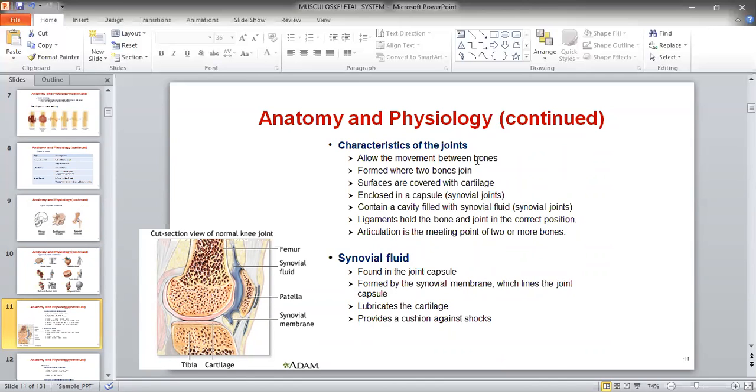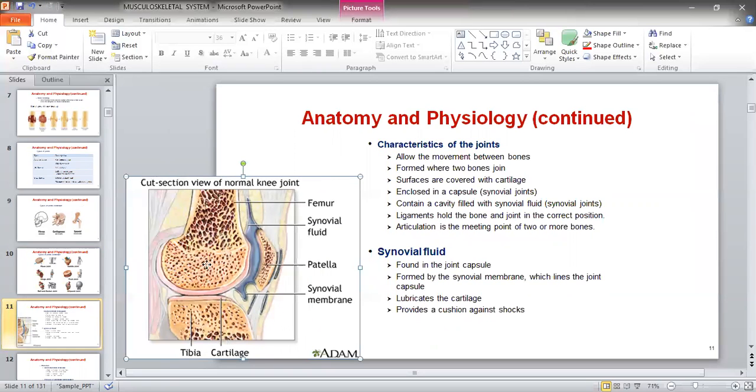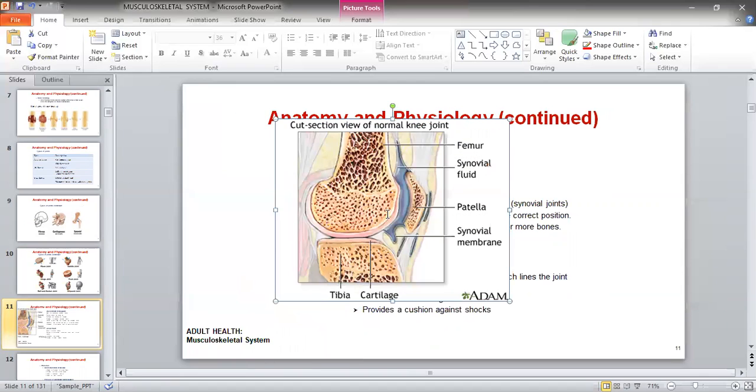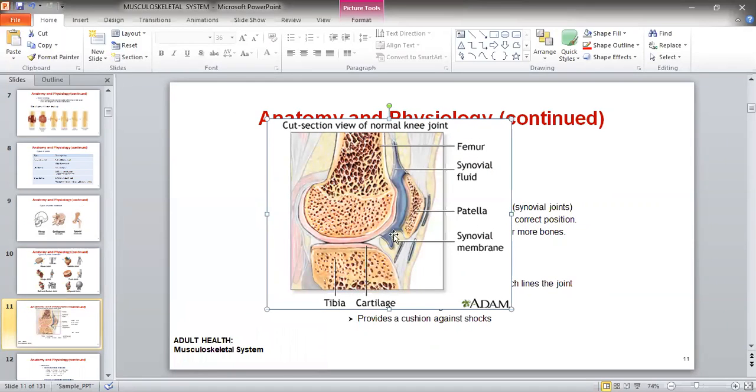Basically the bones are united together, but not only united, some allow movement of the joint, right? Also the surfaces are covered by cartilage, enclosed in a capsule, containing a cavity. The cavity is full of fluid. Ligaments hold them, and articular means a meeting. If you have a look at this joint, this is the union of two bones, right?